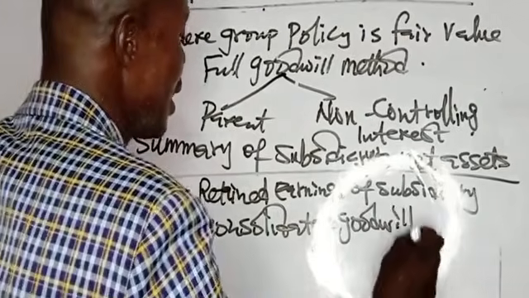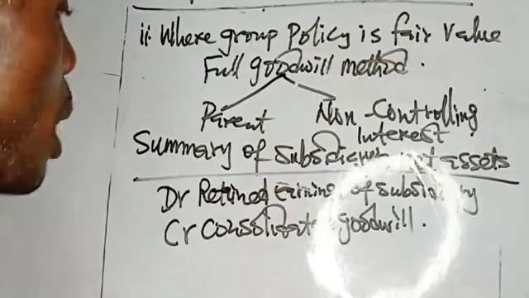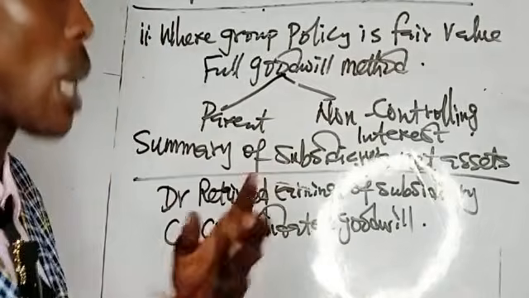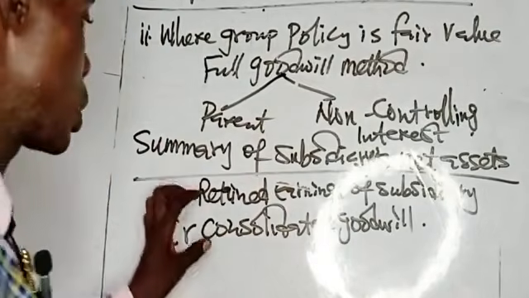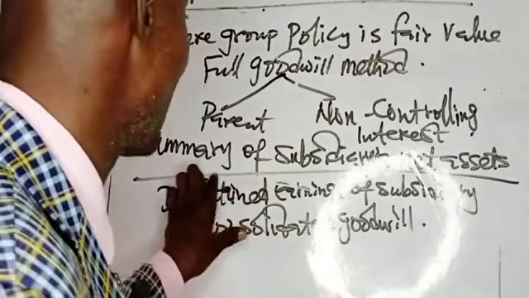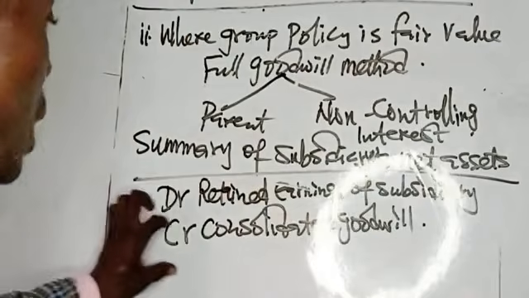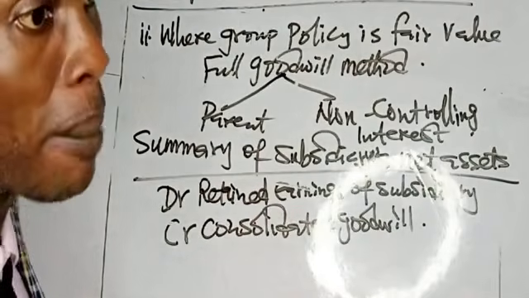So just make use of this adjustment. Don't bother to share it. Sharing it, sometimes you might forget, and you might make mistakes. So just deduct it in the summary of net assets from the subsidiary retained earnings. Then you know that the second leg will be on the goodwill. That is the treatment of impairment loss.